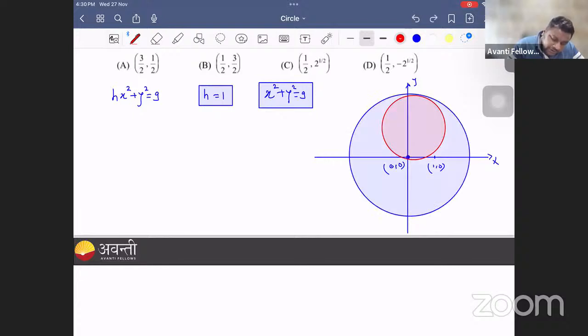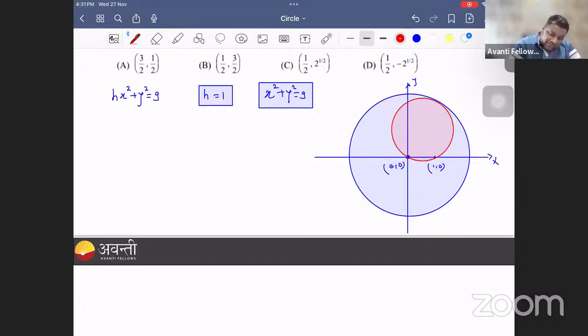Got it? Like this. Like this. Now what is the condition for the two circles touching each other internally?